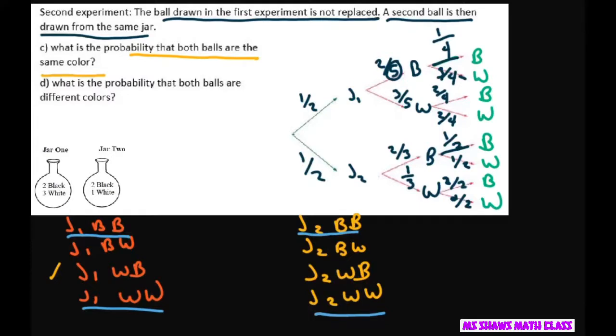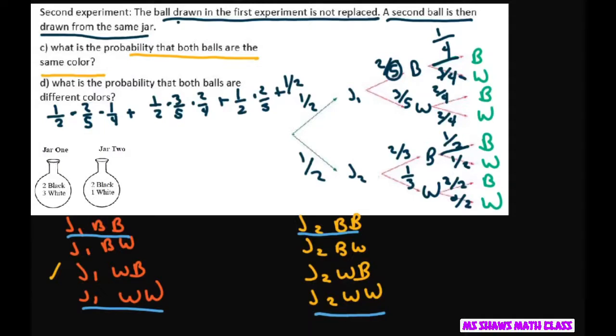That's going to be 1/2 times 2/5 times 1/4 plus 1/2 times 3/5 times 2/4 plus 1/2 times 2/3 plus 1/2.